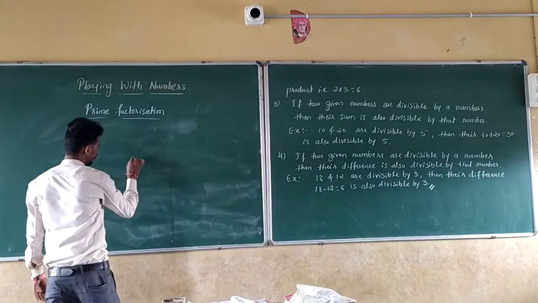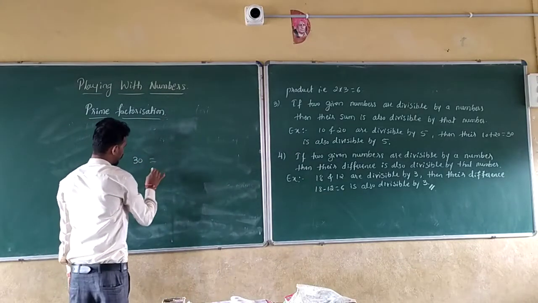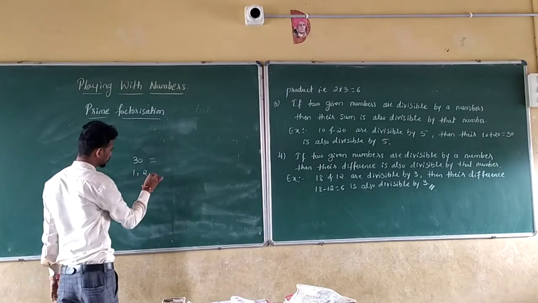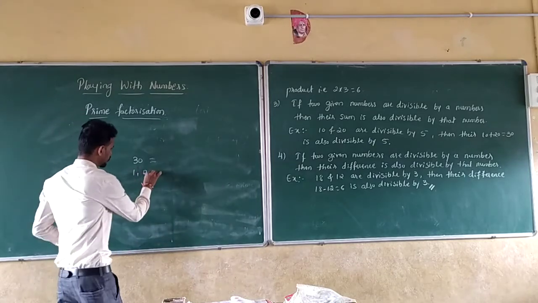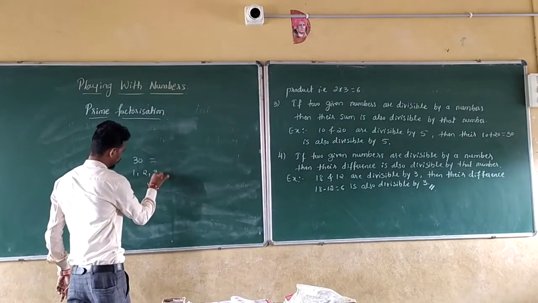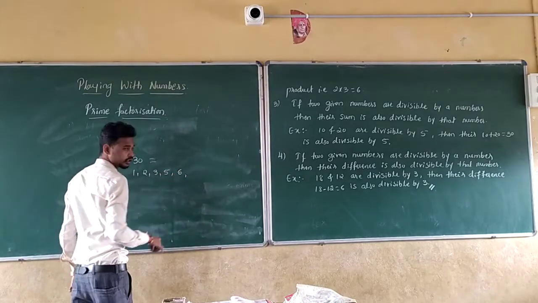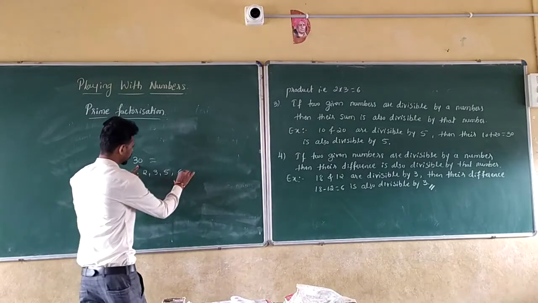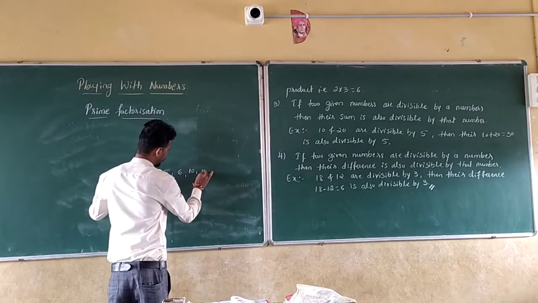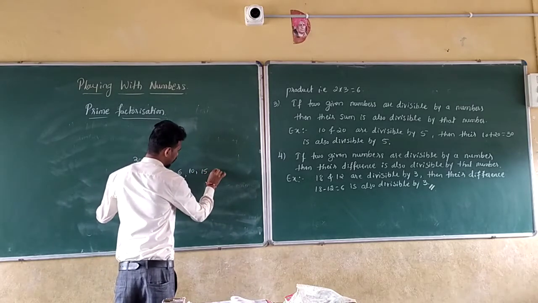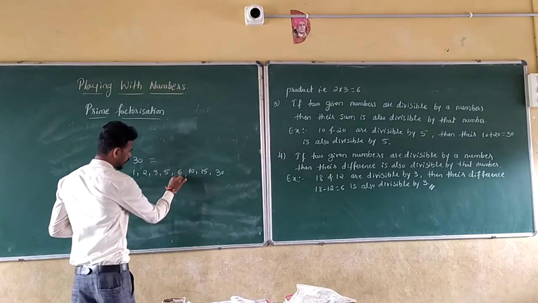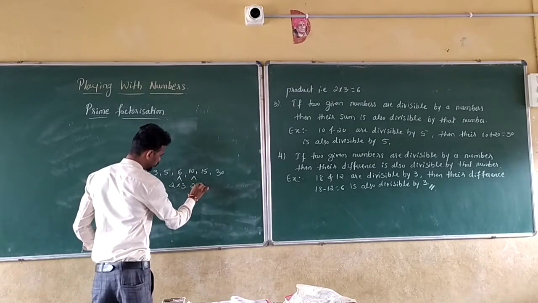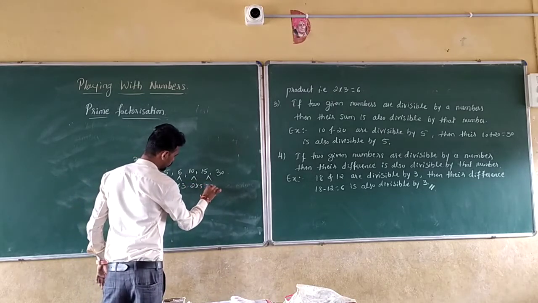For example, 30. What are the factors of 30? That is 1, 2, 3, 5, 6, 10, 15, 30. So here 6 we can write as 2 into 3, 10 we can write as 2 into 5, 15 we can write as 3 into 5.